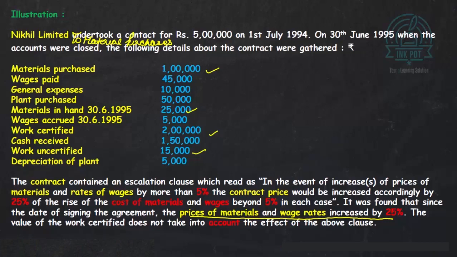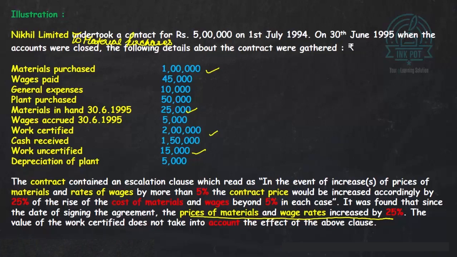So up to 5%, the contract price will not get changed, but beyond 5%, we have to calculate that value first, and the contract price will be increased by 25% of the total increase in the price of material plus the total increase in the price of wages.